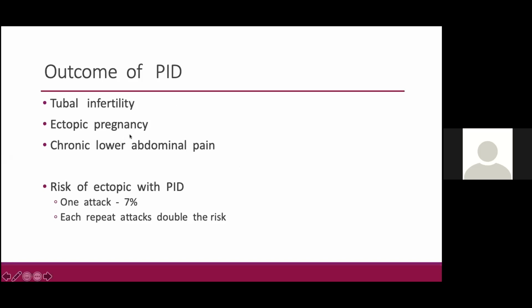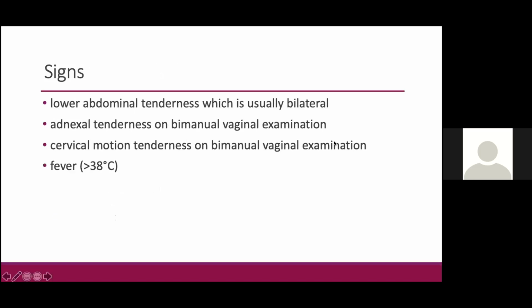I talked to you about ectopic pregnancy and chronic low abdominal pain. The chance of ectopic pregnancy is 5%, and if they have it once, the risk is 5 to 7%, and if they get repeated infection on the same tube, it can go up to 40%. So it's dangerous, right?